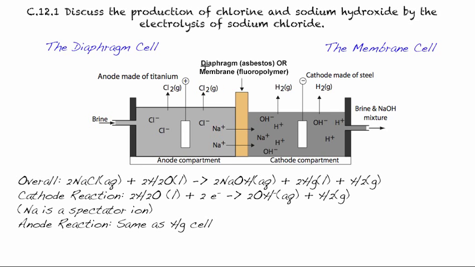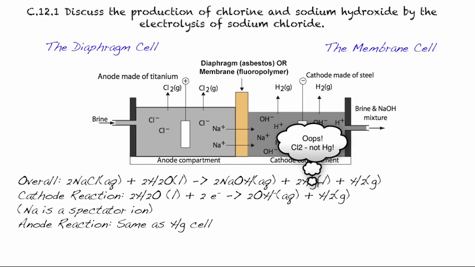So we have chlorine gas formed there, hydrogen gas formed there. Sodium is actually just a spectator ion in this entire process, so that's a little bit different. And since we've formed hydroxide, we now have a sodium hydroxide solution, and that can be taken out and used basically to extract sodium hydroxide.